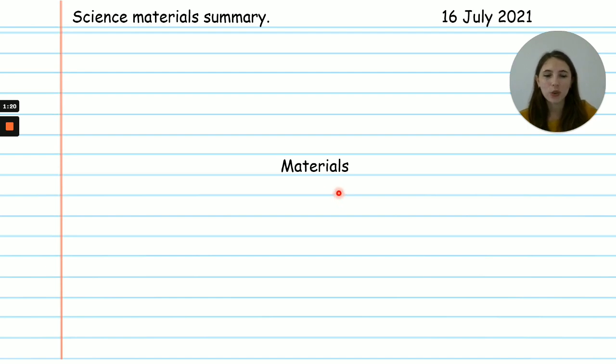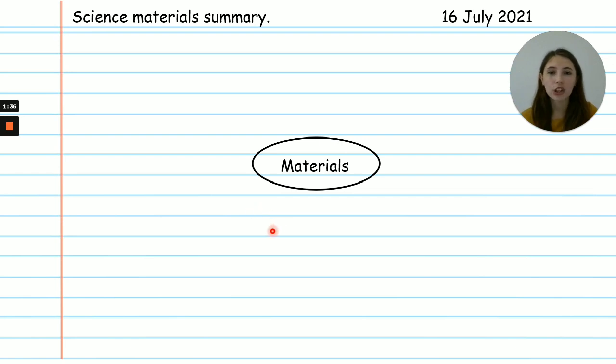And then when you are done writing, you can draw a circle around materials. Okay, so now we are going to write down all six of our materials and we are going to draw a picture of each material.